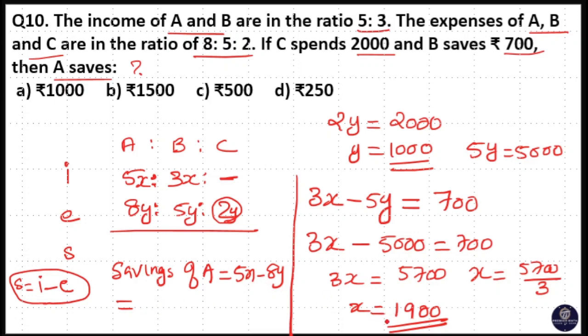So 5000 plus 4500 is equal to 9500, minus 8y. Y is equal to 1000, that is 8000. That means your answer is 1500 rupees. Option B is your answer.